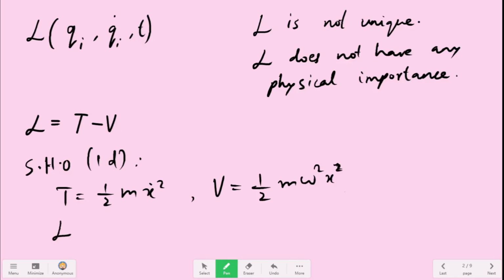And Lagrangian of simple harmonic oscillator in one dimension is half m x dot square minus half m omega square x square. So this is a case in which Lagrangian is obtained by simply subtracting the potential energy from kinetic energy.